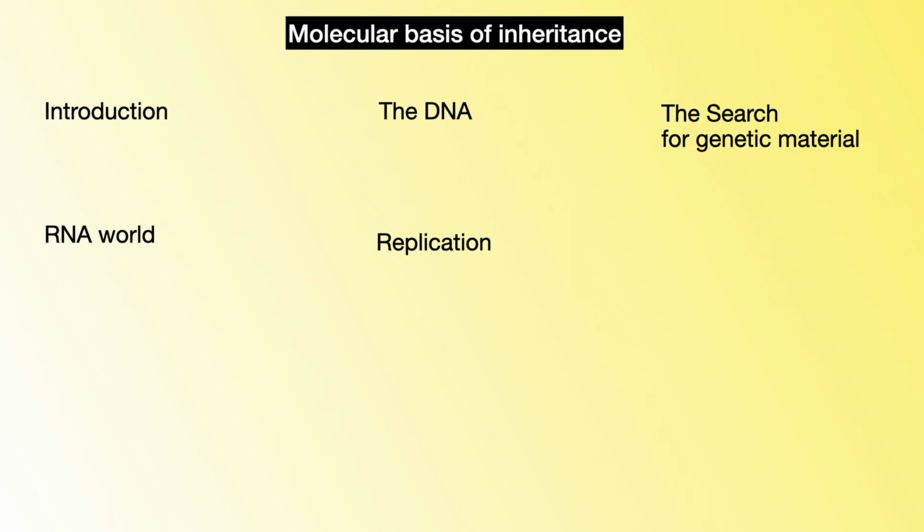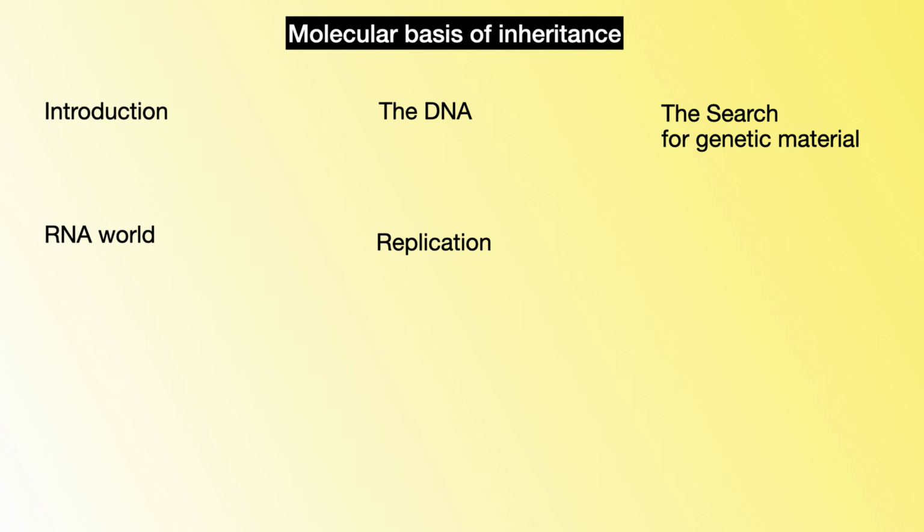At generation 1, that is after 20 minutes, if replication were conservative, there should have been 2 bands, one heavy and one light. Instead, there was only one intermediate band. This meant the DNA was hybrid, containing N15 and N14.